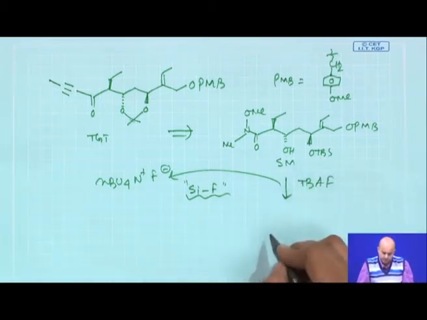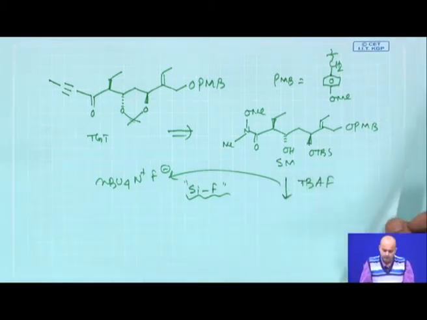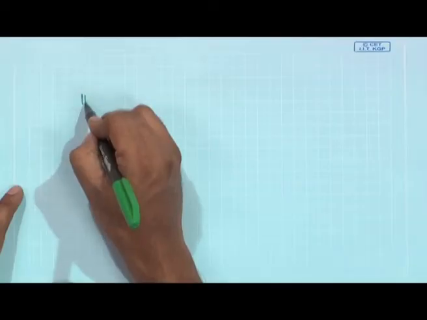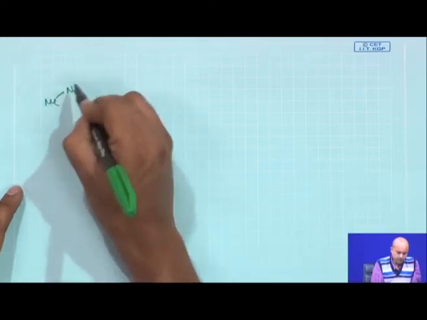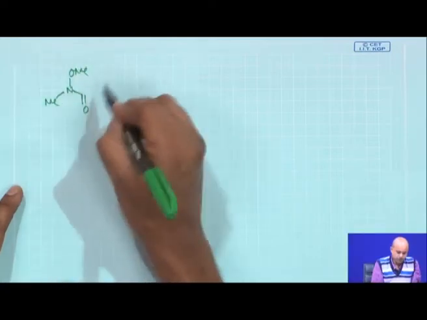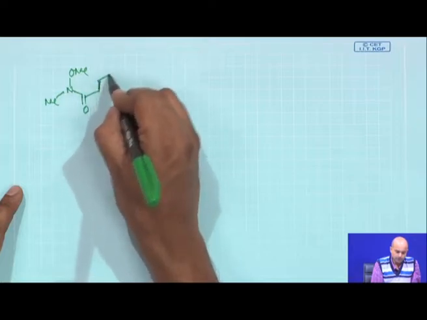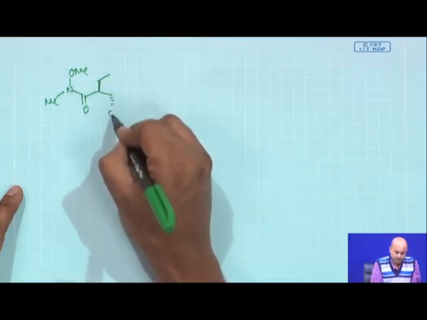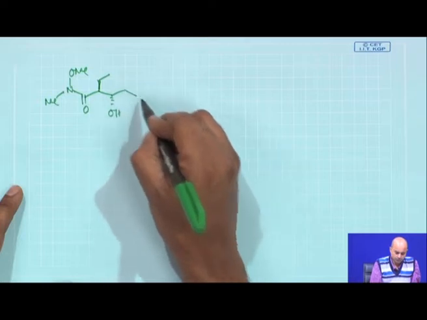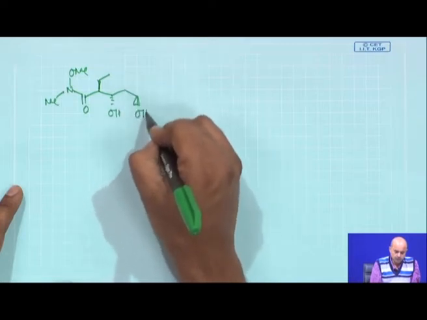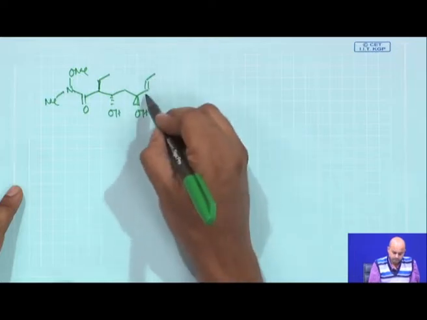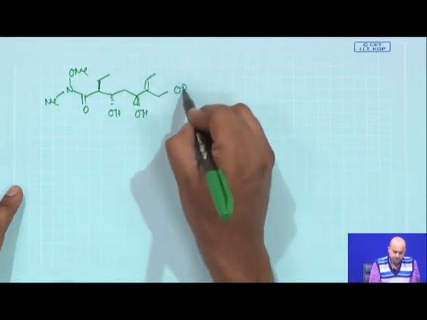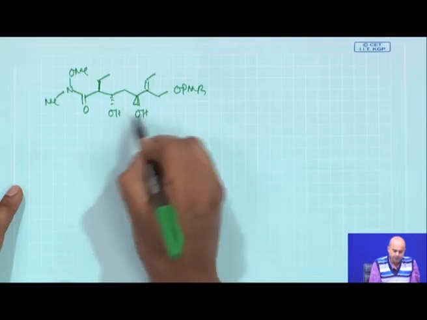First you treat with TBAF, and you will find that the silyl ether is immediately deprotected and gives you the free alcohol. The remaining portion of the molecule won't be affected. So, we are basically getting a free 1,3 diol.